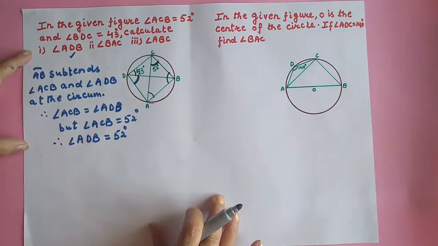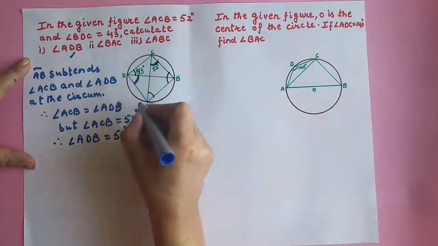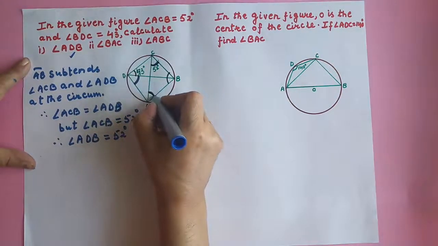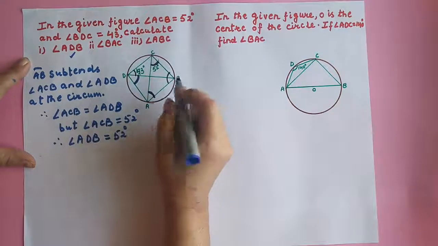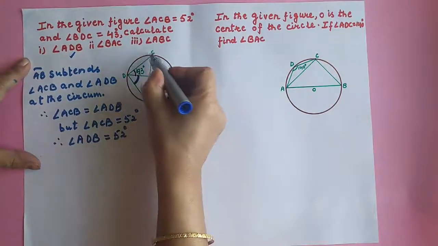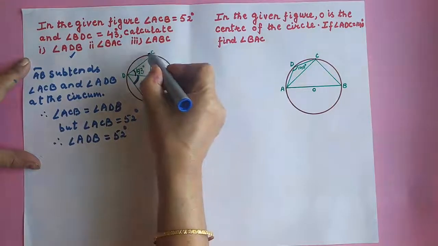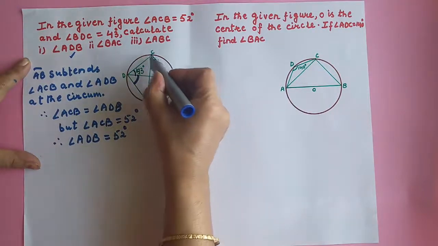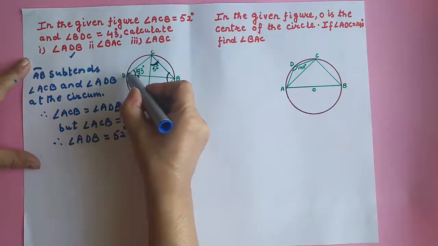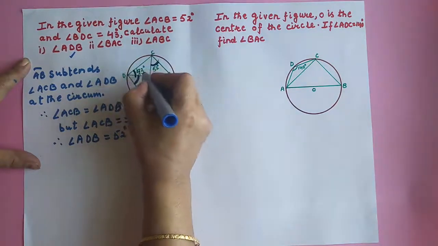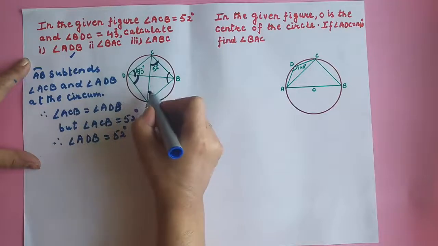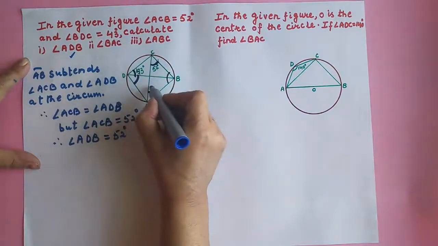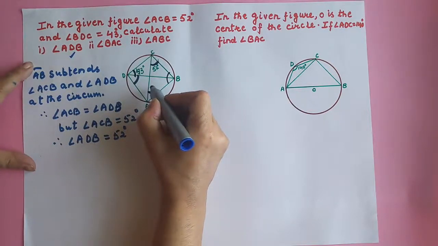Now, BAC, that means this angle. Let's see which arc subtends this angle. Arc BC subtends this angle, right? Does arc BC subtend any other angle? Yes, it subtends this angle, 43. So does it mean that this angle is equal to this angle?